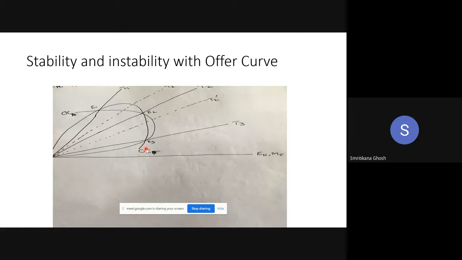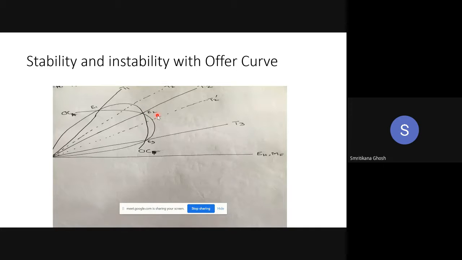That is the question. Now look, if you consider E2, what is the speciality of E2? At E2, both offer curves are backward bending. The speciality of E2 is the equilibrium corresponding to the backward bending offer curve of both the countries. Now we have to check whether E2 is a stable one or not.